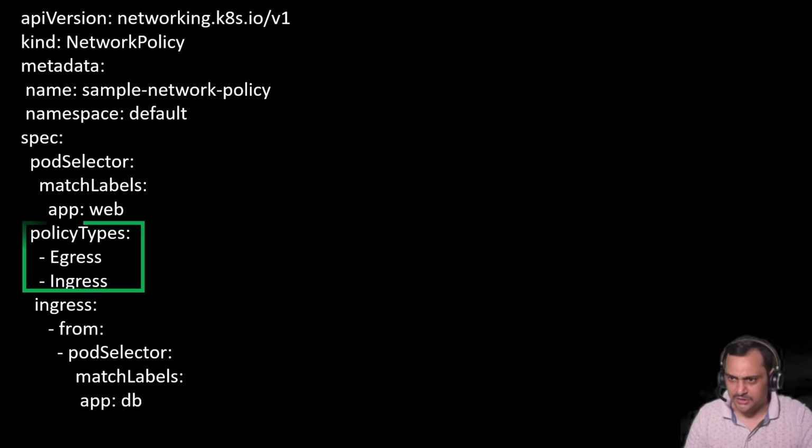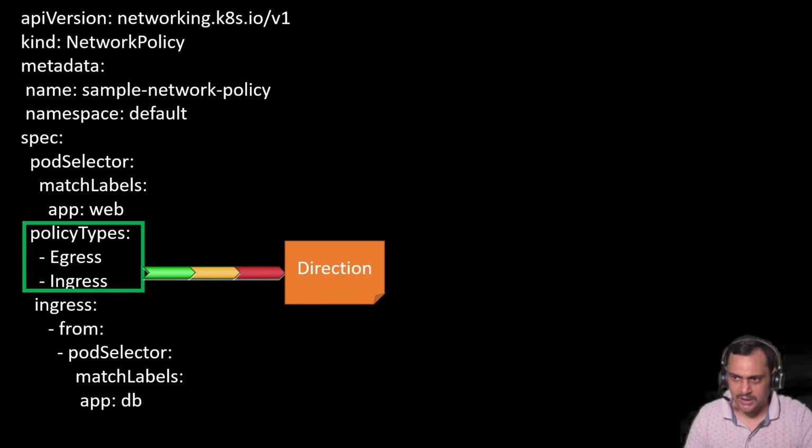In the direction section, we have mentioned egress and ingress. If you notice, we have not mentioned any rule under egress. It means that all outgoing traffic will be blocked on those pods which have the app equal to web label set.